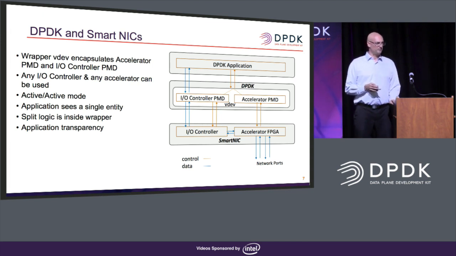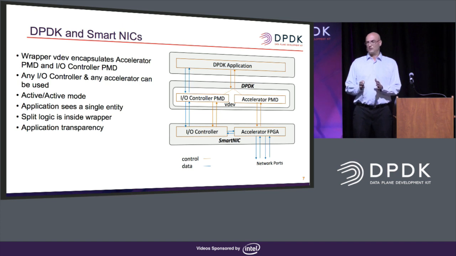Those are two PMDs. The idea behind this is that some features can still be implemented in the I/O controller. Smart I/O controllers also have DPDK acceleration functions, and you can enjoy the best of two worlds. You can enjoy all the features that are in the ASIC and the I/O controller, and you can have additional features which are missing, appended using some programmable device.